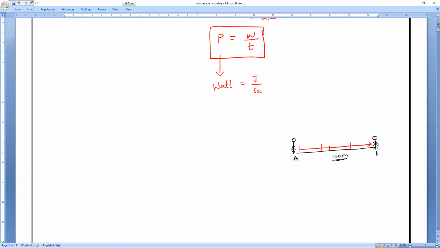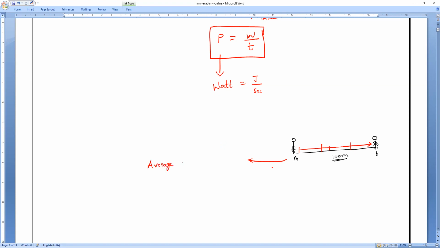That is what we all do. So if any object's work is not uniform or consistent, then we come to the concept called average power.